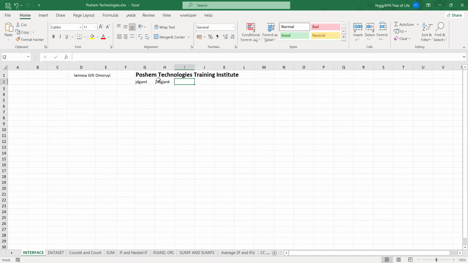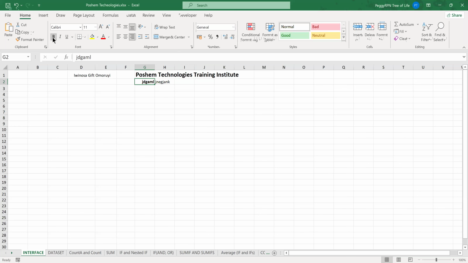Now, looking at our interface, these are things that you can do. This one now is just to align to the left, center, align to the right, things like that. Then you can make this bold, italics, underline. You can do all of this.